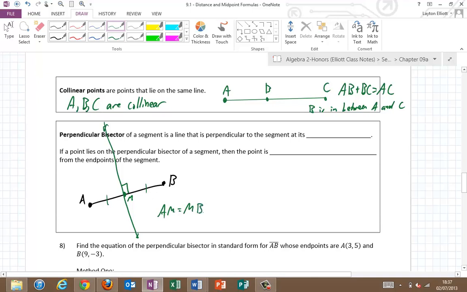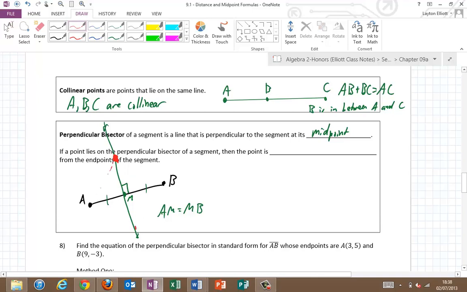And it's characterized by a number of different features. Let's start with this. If a perpendicular bisector of a line is perpendicular to the segment at its midpoint, and if a point lies on the perpendicular bisector, let's just put a point up here, then that point is, well, let's see what we're trying to say. What's true of this point kind of up here, or even a point down here?